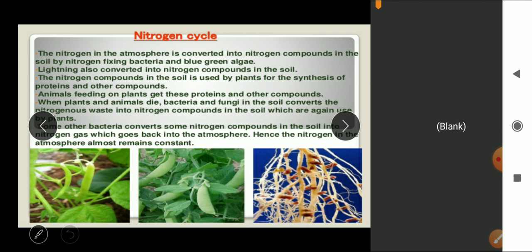These are the few exercises in your textbook, right? Then I will send you the workbook question answers in your WhatsApp group. Okay, so go with this chapter, read it, and if you have any doubt, you can ask me.